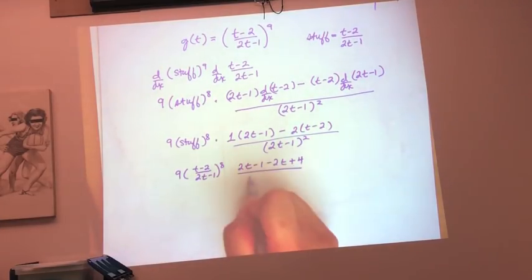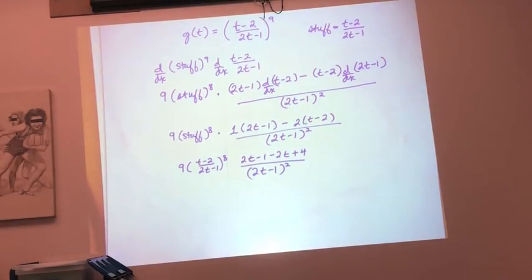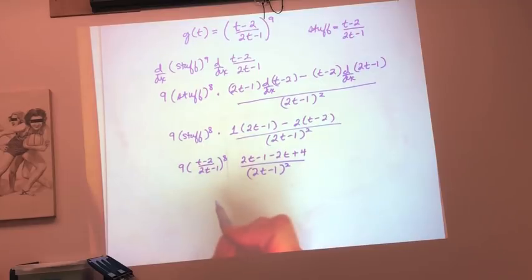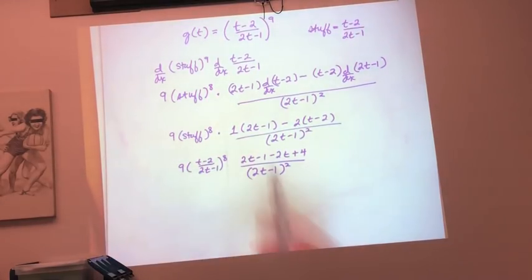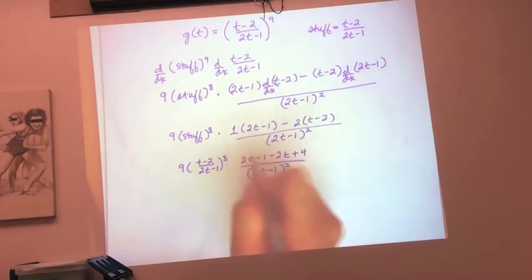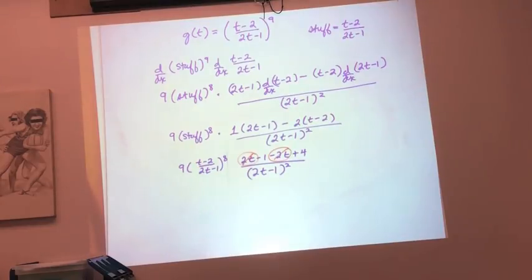All over (2t minus 1) squared, right? Actually, let's go ahead and simplify this top part up here. This cancels out, right, and then we just have a 3 on top.